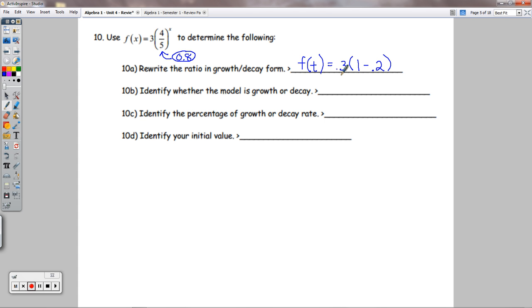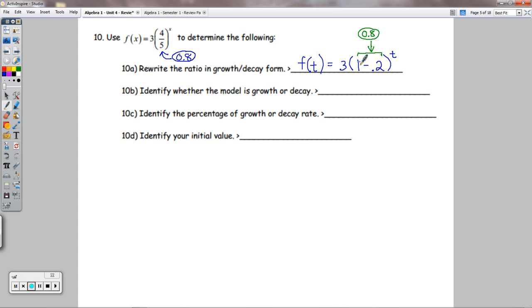Therefore, this is going to be the same thing as this, and I'm just changing x to the t power. So this value right here, altogether, this equals the same thing as 0.8. So right here, that's why I put 1 minus 0.2 in there. So identify whether the model is growth or decay.